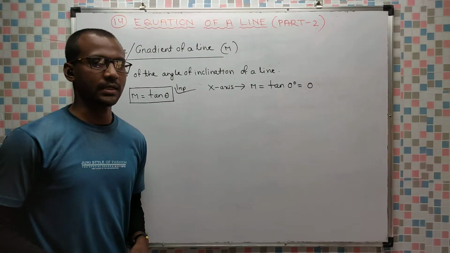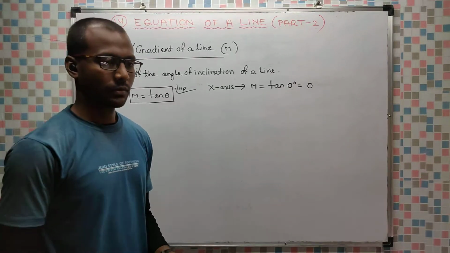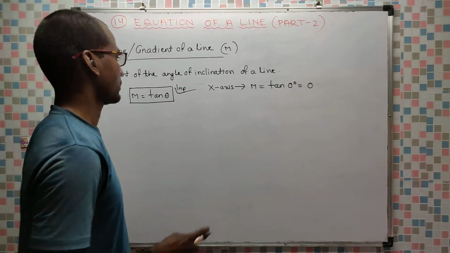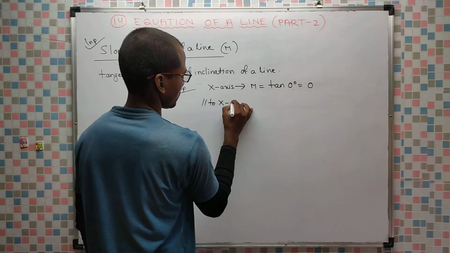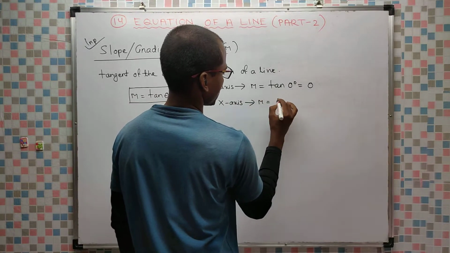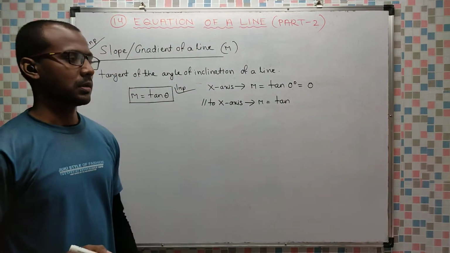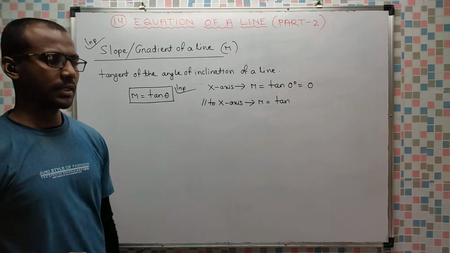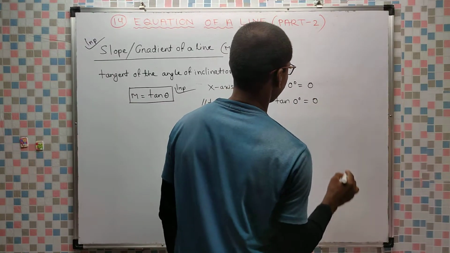Means slope of the x-axis is 0. If you take a line parallel to the x-axis, its slope will be again tan theta. Now what is theta for any line parallel to the x-axis? 0 degree. So tan 0 degree, which is 0.